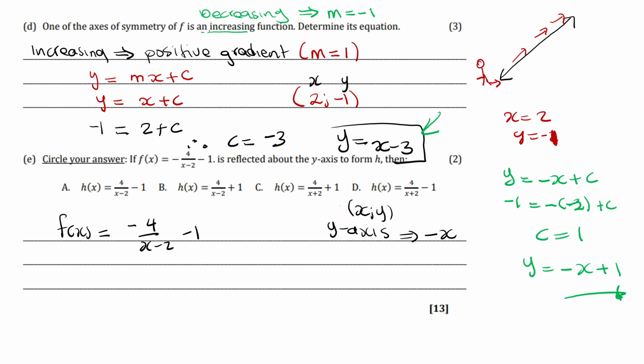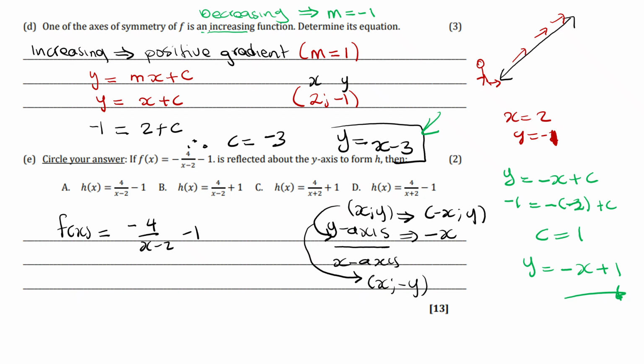So if we reflect around the y-axis, this coordinate becomes (-x, y), meaning that the x changes the value from positive to negative. And if we reflect about the x-axis, the coordinates will become (x, -y). So the y is the one that changes the sign.